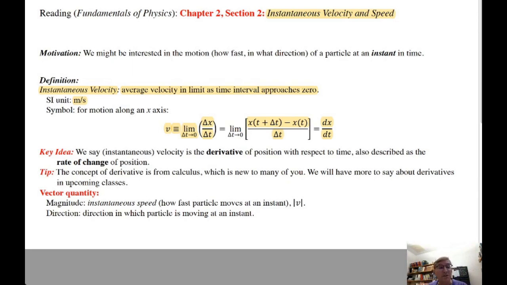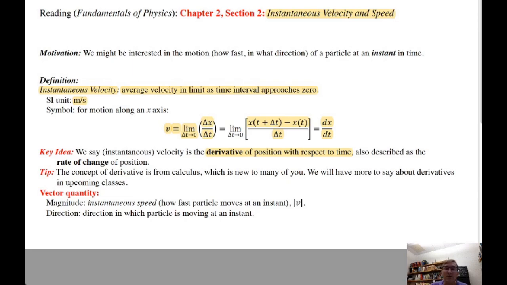Now, to use the words, we say instantaneous velocity is the derivative of the position with respect to time. That's what this notation dx over dt means. The derivative of the quantity labeled x, the position on the x-axis, with respect to the quantity labeled t, time. Dx over dt means the derivative of position with respect to time.